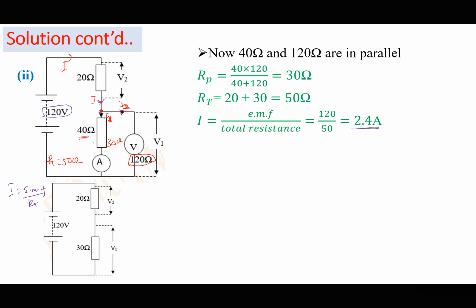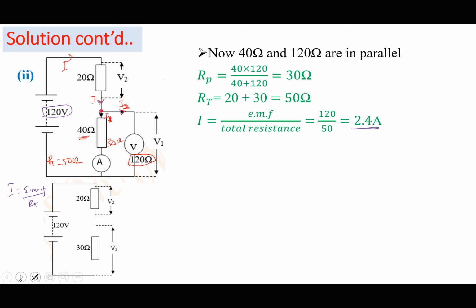However, I can find the PD across, I can find the reading of the voltmeter using either Ohm's law or the potential divider formula. Remember, the PD across 40 ohms is the same as the reading of the voltmeter, or the same as the PD across the 120 ohms, since they are in parallel.